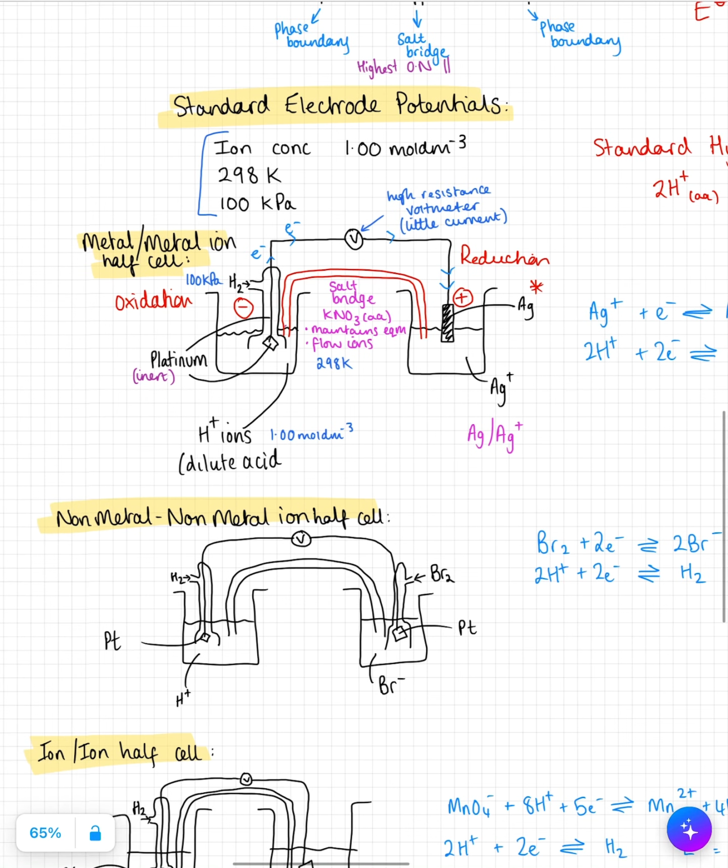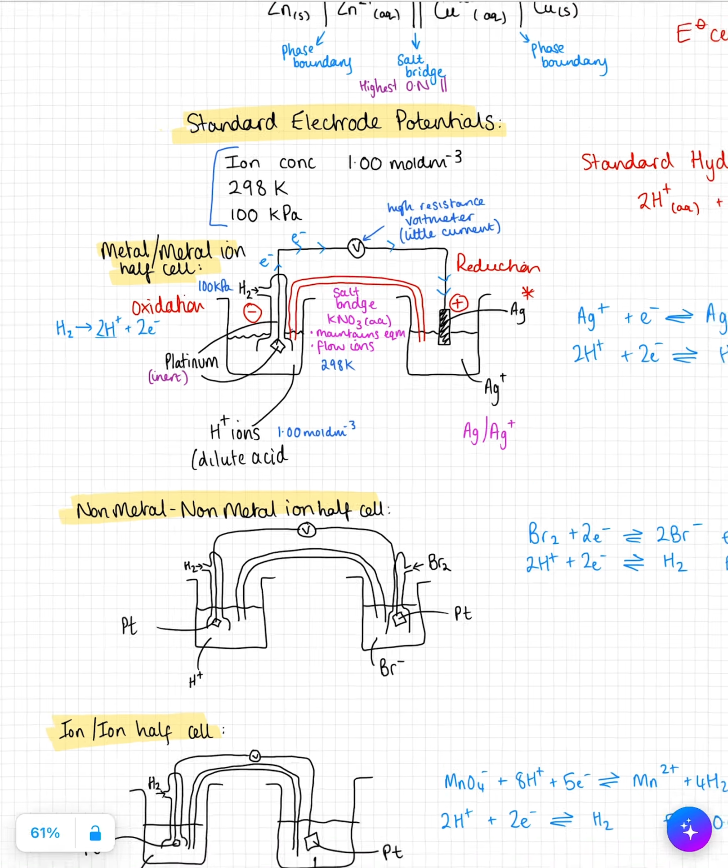Our hydrogen undergoes the oxidation process, forming H+ ions and 2e-. These 2e- move through the wire that is connecting the electrodes together. This results in more hydrogen ions going into solution and less hydrogen gas.